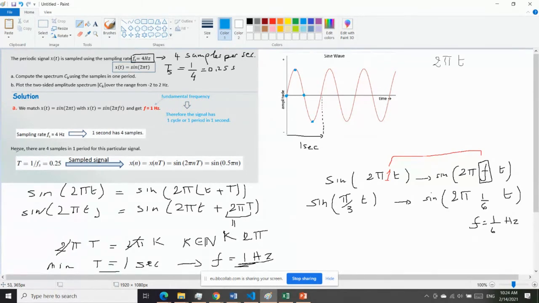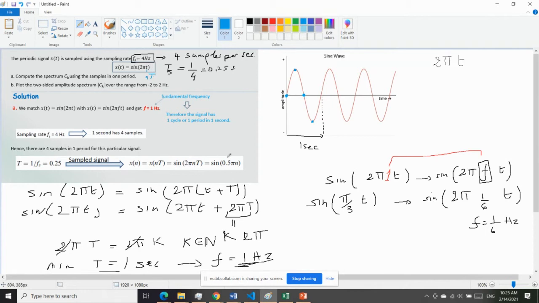Now, here are the 4 samples. That is, sine of n times the period Ts, which is 0.25, and of course periodic. So this t we change with n times the period Ts to make it periodic.